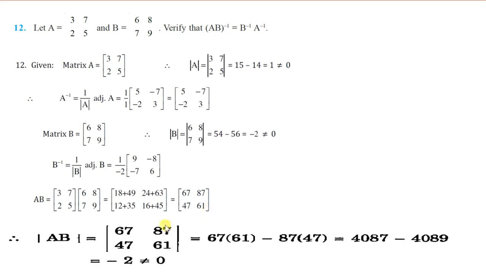Now to find (AB) inverse, we require determinant AB. So determinant AB is 67 multiplied by 61 minus 87 multiplied by 47, that is minus 2. Again it is not 0, so its inverse will also exist.